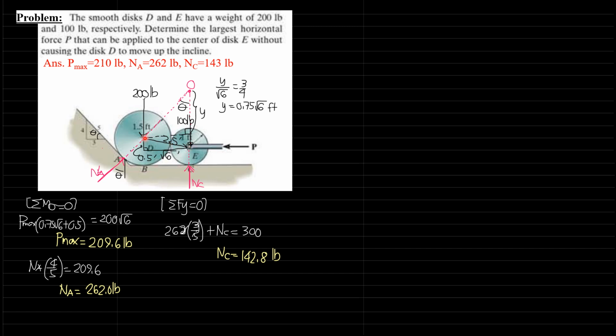Then the vertical distance of their centers is 1.5 feet minus 1 foot, radius of E. So that's why this is 0.5 of a foot. Then the horizontal distance between the centers D and E is square root of 2.5 squared minus 0.5 squared, and you have to use your calculator. It is square root of 6 feet.